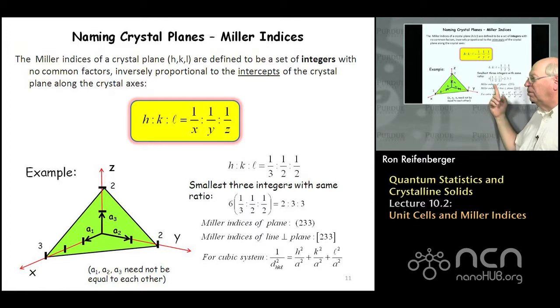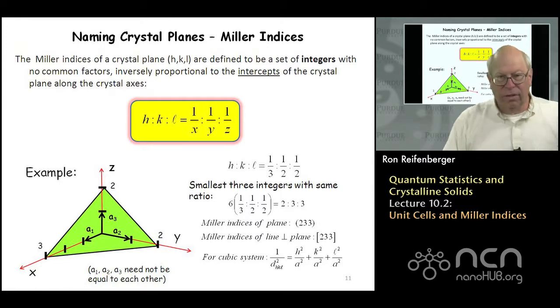So what you end up doing is finding a common multiplier that turns these fractions 1/3, 1/2, and 1/2 into integers. So for this case, the smallest multiplier would be 6. And so then the Miller indices would be 2, 3, 3 for this particular plane.